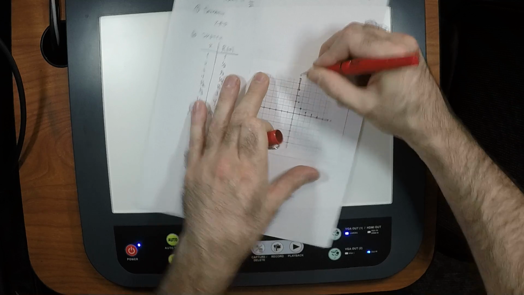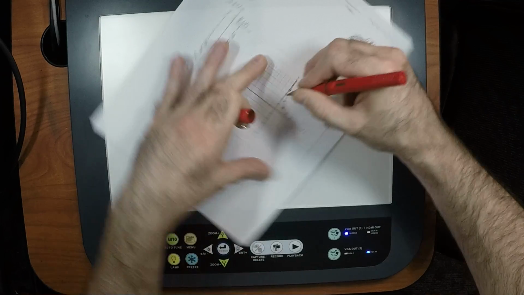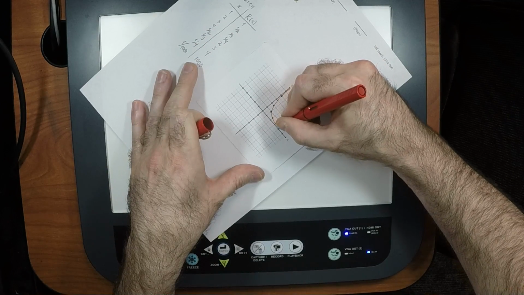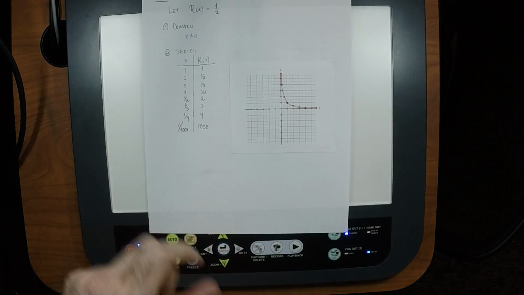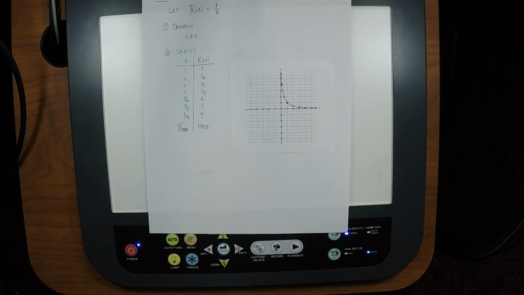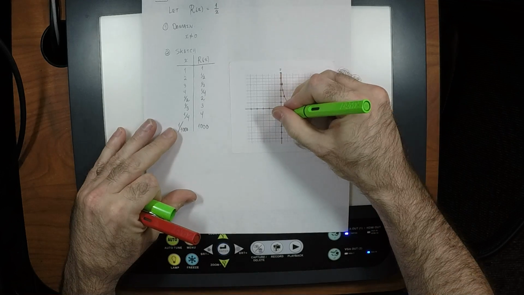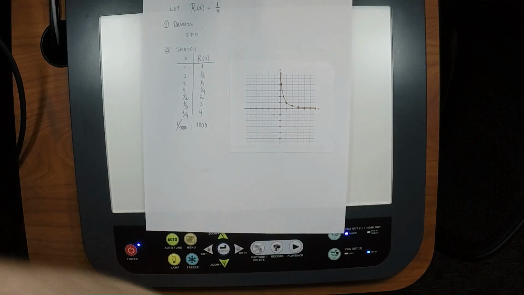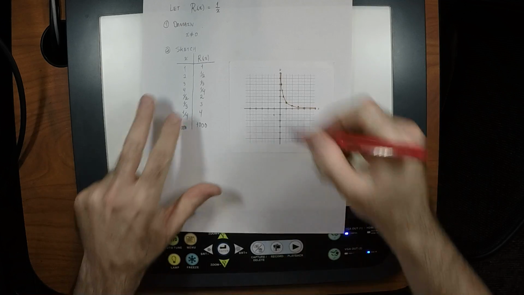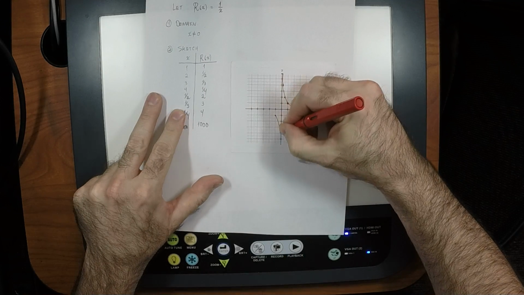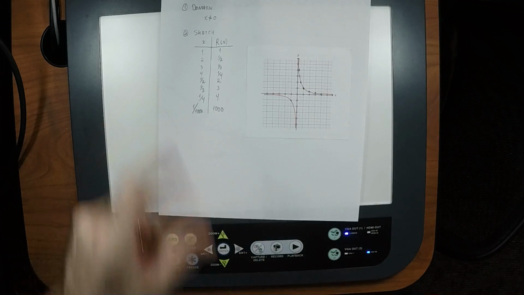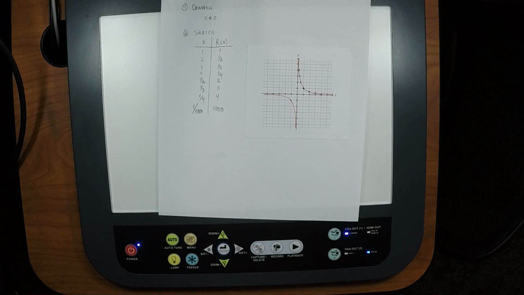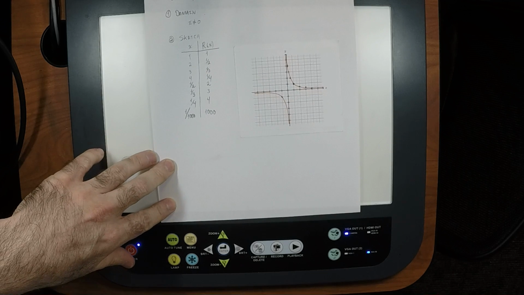I can't fit that one. So like that. And then if you do the negatives, you'll also notice that you get these ones that include that one. So it will look like this. And that shape is so important that it has a name. We'll talk about its name on Monday, but for now its name is hyperbola.